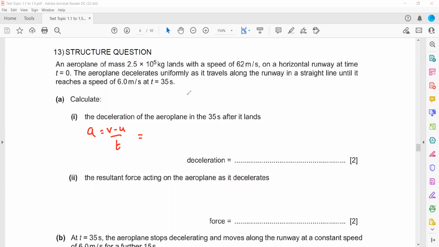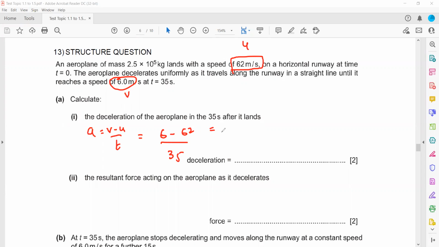The final speed is 6, because when it lands, it was originally 62, but when it reaches a speed of 6. So final speed is 6, initial speed is 62, and the time it took to decelerate is 35 seconds.